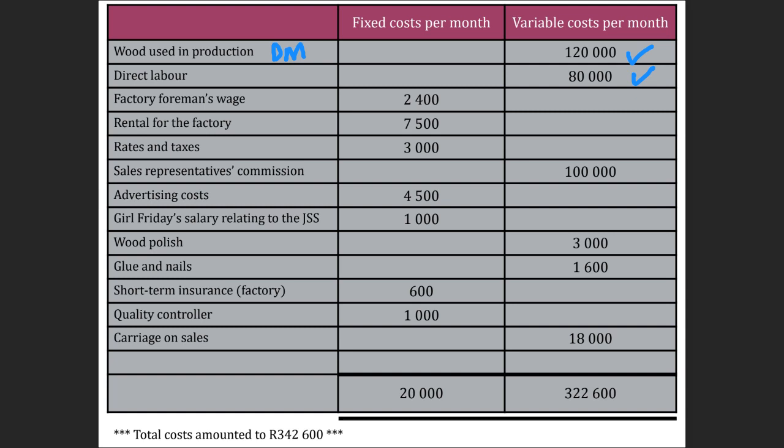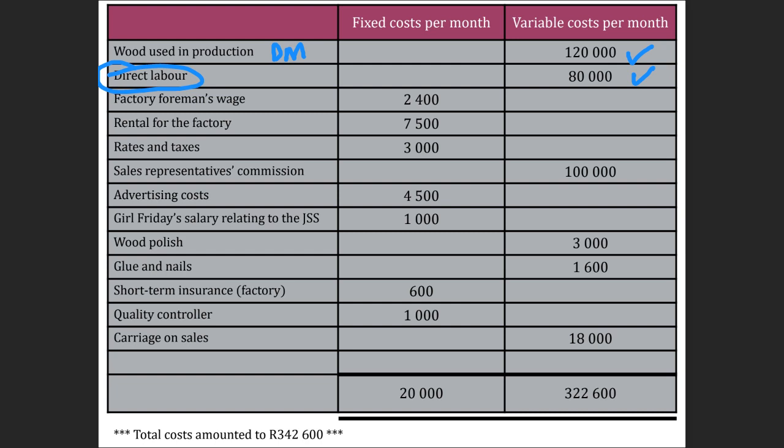Remember, when we discussed this in class, we said that your direct labor are the people that are actually producing the goods. So if we needed to produce more units, we would need more hours, or we would need more people to be employed in order to produce the higher volume.